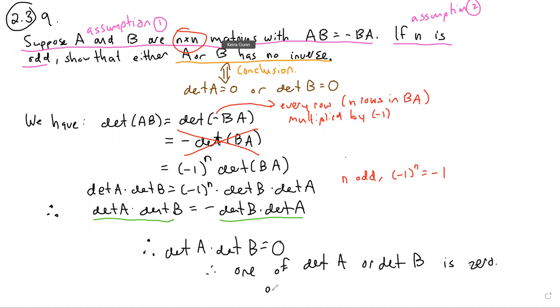And that means that at least one of A or B is not invertible. And that concludes the statement that we're trying to establish here.